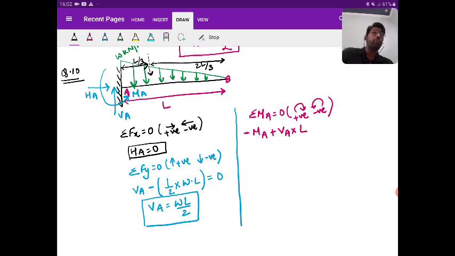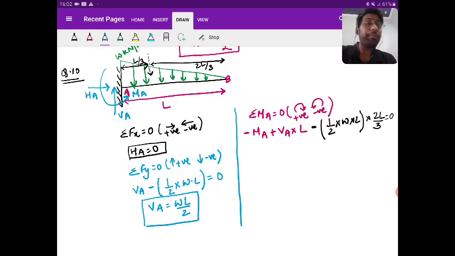See here, the load is downward and the lever arm is towards right, so there is an anti-clockwise moment. So I'm writing minus. What is the total load? Half into W into L. And what is the lever arm? Because you are taking the moment about A, it is 2L by 3, and this is equal to 0.